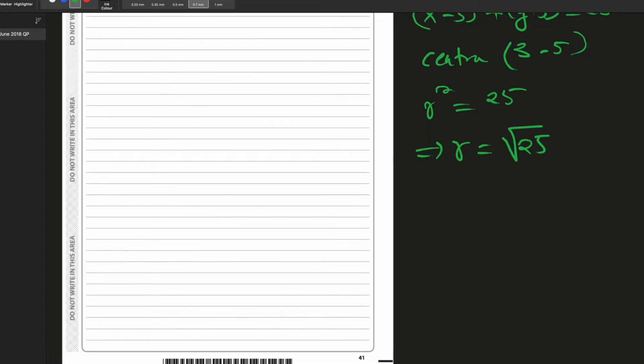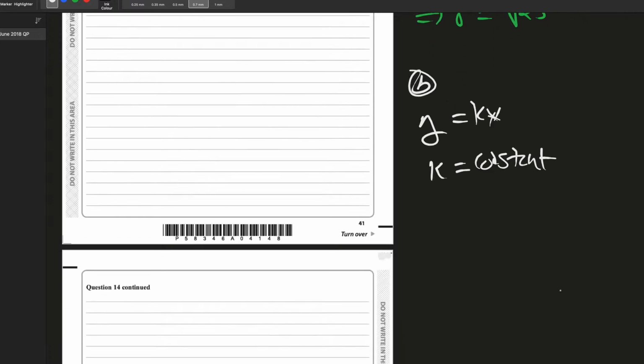And then question B, you say, find the range. Question B is: the line with equation y is equal to kx, where k is a constant, cuts C at 2 points.